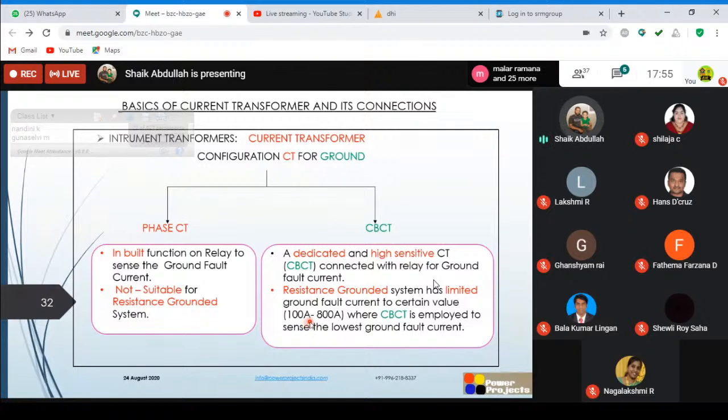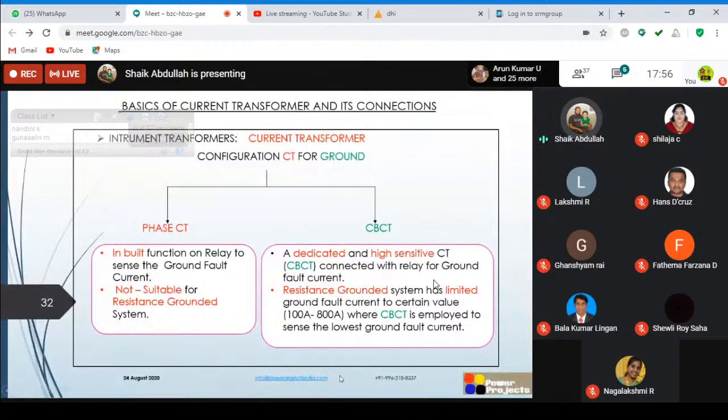If it is 100 amps or 120 amps, your core will get saturated. So less than that current, you are going to limit your fault current at 100 amps. For that 100 amps, you are going to design the resistance value, so you are going to add it in your network.